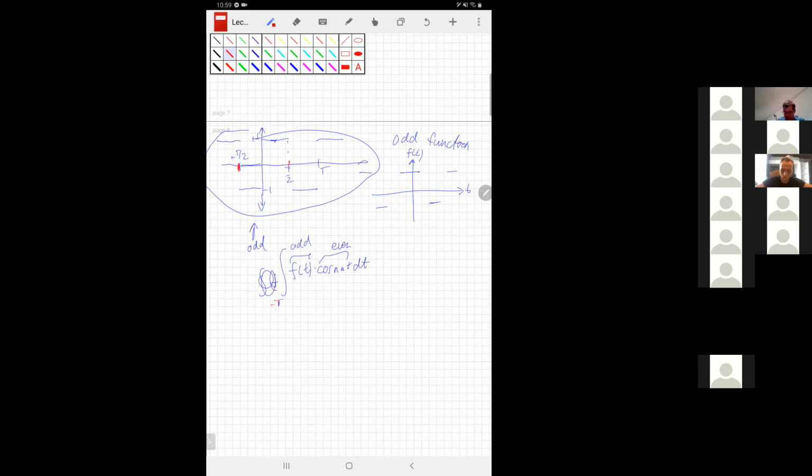So we could do this from minus half the period to plus half the period. I could have picked something else. It's just convenient to visualize it this way. Odd times even over an interval that's centered on the origin has to be 0, because odd times even is an odd function. And an odd function integrated over this interval has to give you 0, because on this side the product is negative, on that side the product is positive.